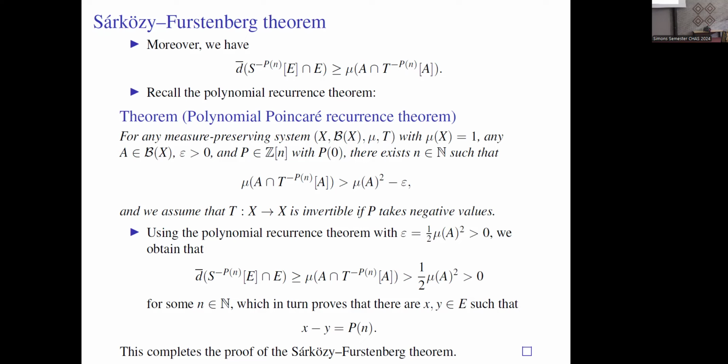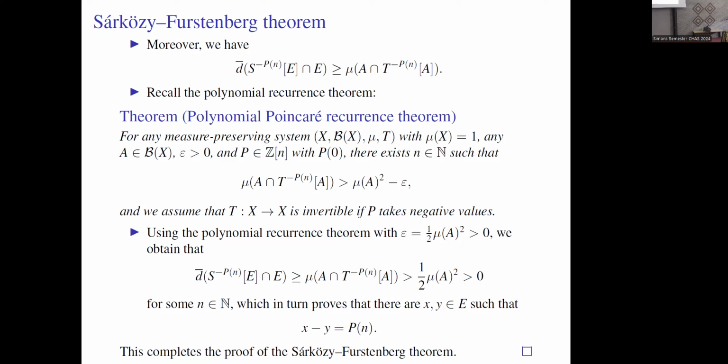So we obtain that this is positive, but if the density is positive, then it means that this set in particular is non-empty, and this proves that there are x and y in the set whose difference is P of n, and that's the proof of the Sarkozy-Furstenberg theorem.